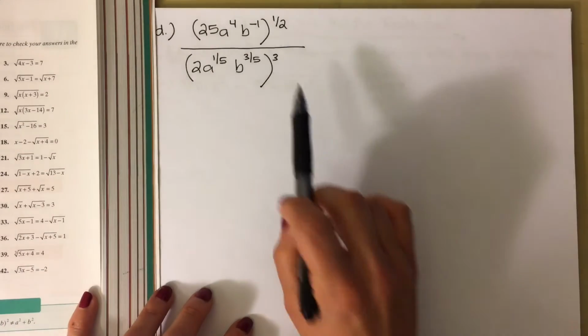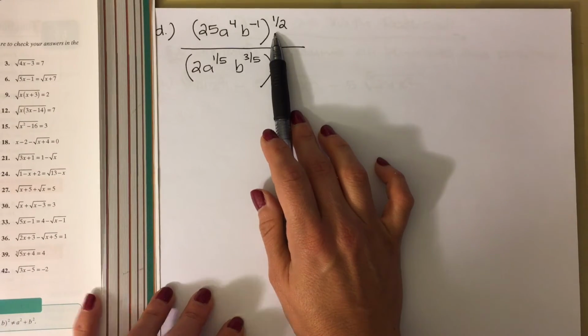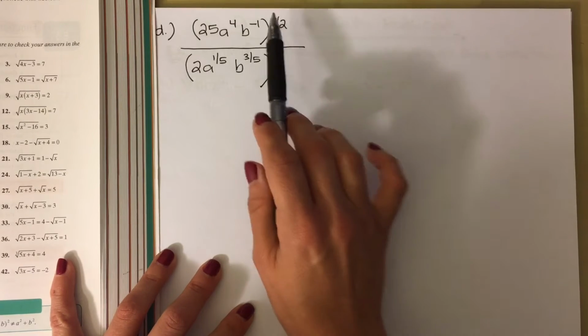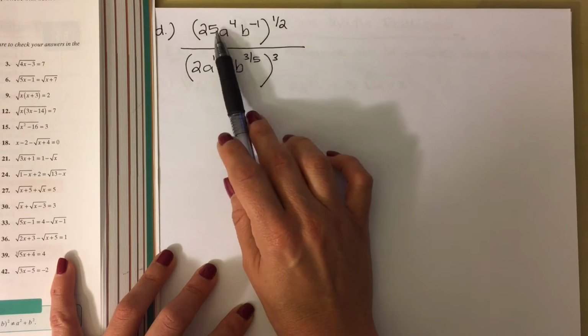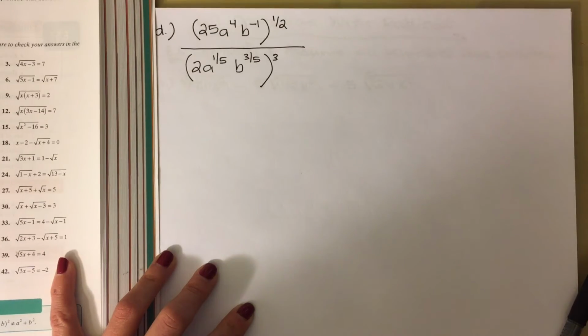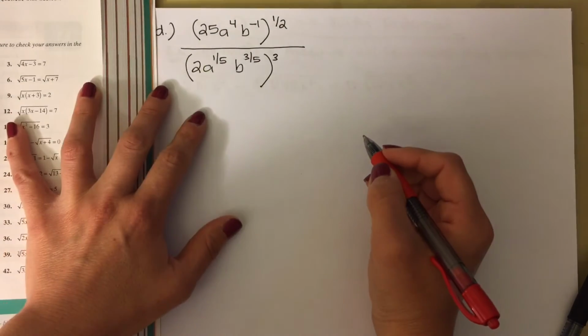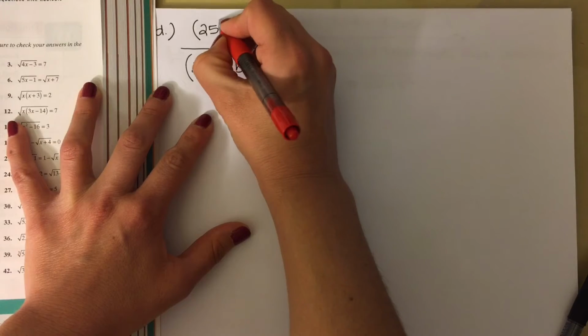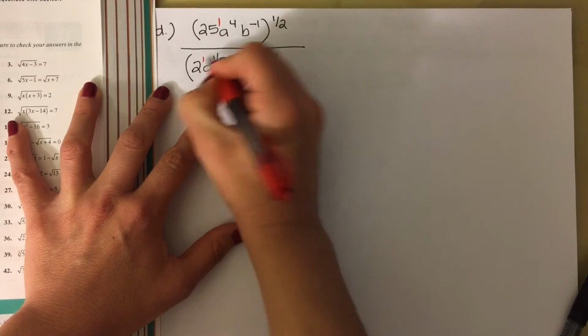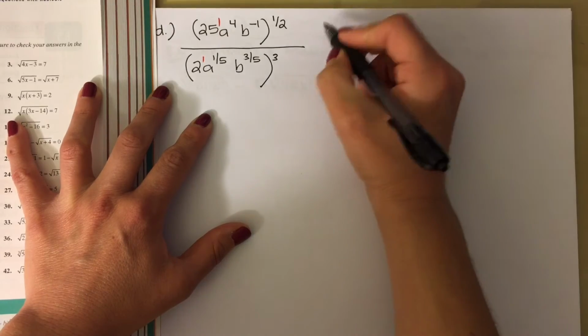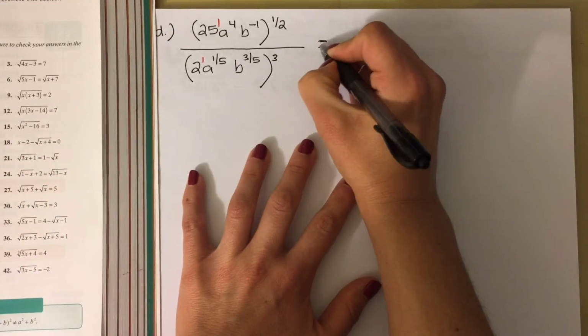So the first thing we want to do is use the power rule where we take 1/2 and we multiply with all the exponents on the inside of the parentheses. Please notice that 25 has an exponent of 1 and so does 2. So the first thing is use the power rule.